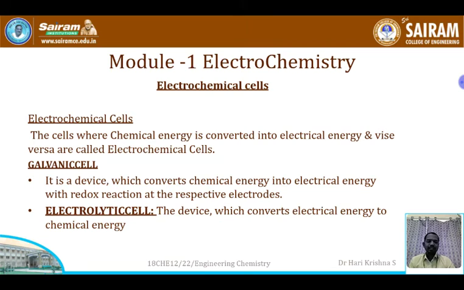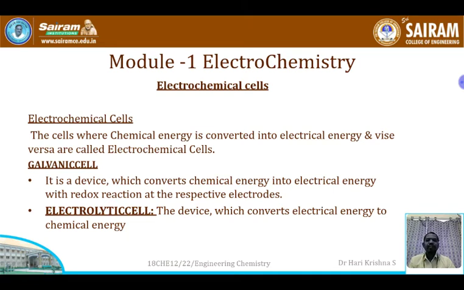The devices which convert chemical energy into electrical energy with redox reactions are called galvanic cells. An example of a galvanic cell is the Daniel cell, right? Our everyday batteries, when your clock is running, also act as a galvanic cell, right?